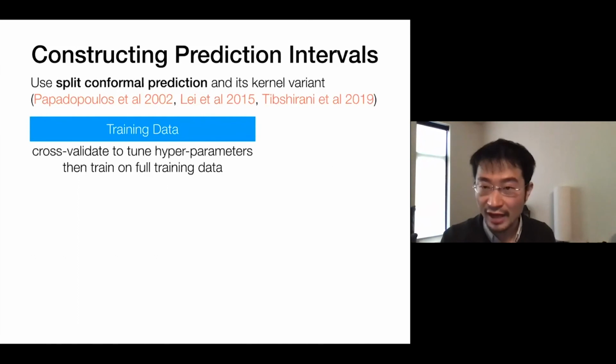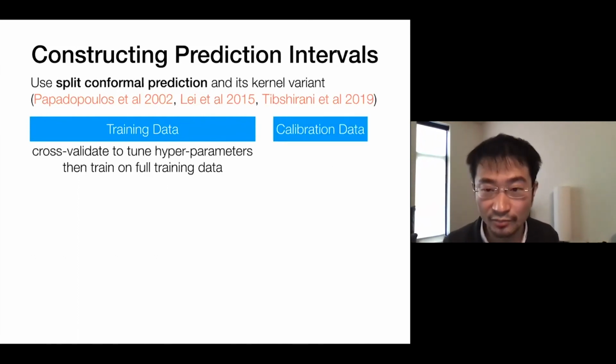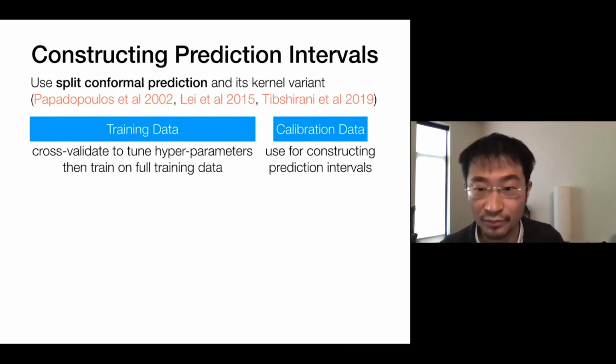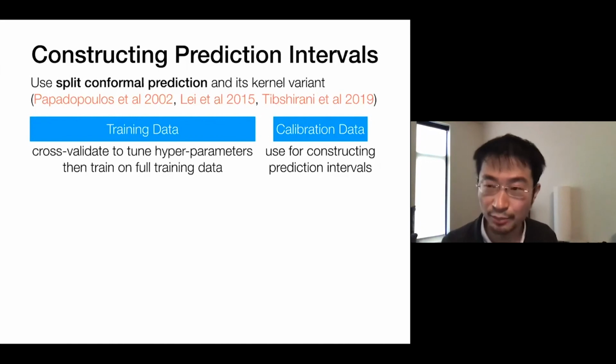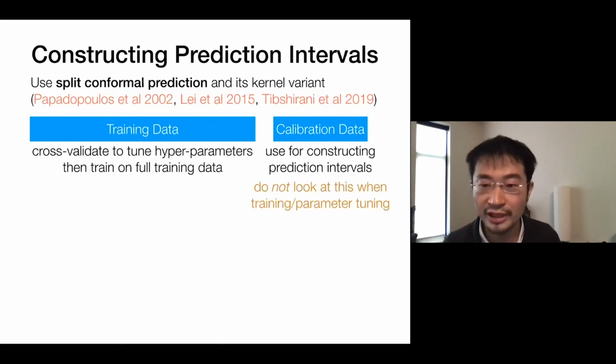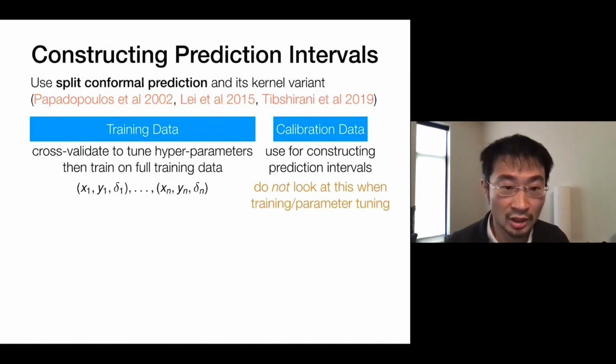So we still have that, but now we're going to assume that we have additional data, okay? We have calibration data. This we're going to be using for constructing prediction intervals. And importantly, we never look at this during the training and parameter tuning, okay? So I'm going to call the training data exactly what I called it earlier.